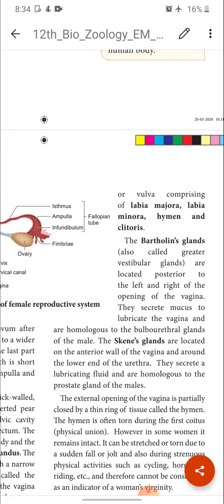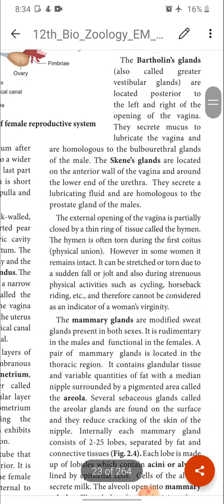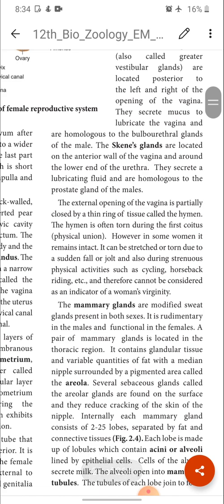And next, the external opening of the vagina is partially closed by a thin ring of tissue called the hymen. The hymen is often torn during the first coitus, that is the physical union of male and female.